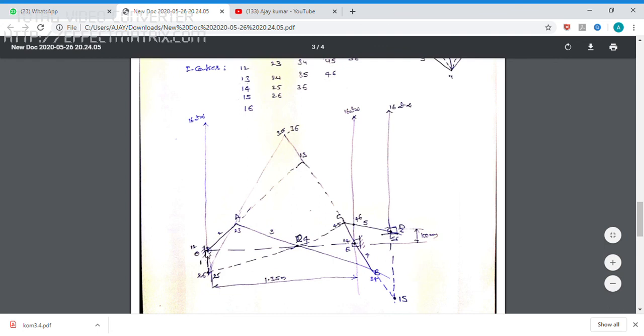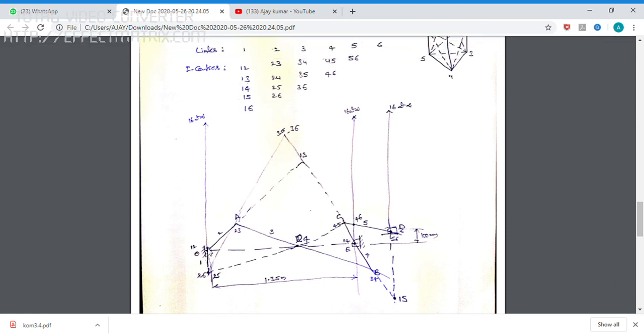That is 1 2, a pivoted point. Next 2 3 pivoted point. 3 4 pivoted point. 4 5 pivoted point. 5 6 pivoted point. Next 6 1 or 1 6.